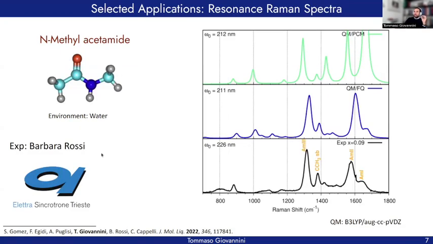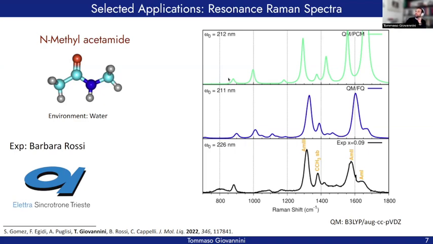Finally, a final example, this is N-methylacetamide, that is a building block of proteins, and this is the resonance Raman spectrum, so an even more complex spectral signal. This molecule absorbs in the ultraviolet, so in order to measure a resonance Raman spectrum, you need to have a laser source that can reach these ultraviolet frequencies, and for this it was measured by Barbara Rossi at the Elettra Synchrotron in Trieste.